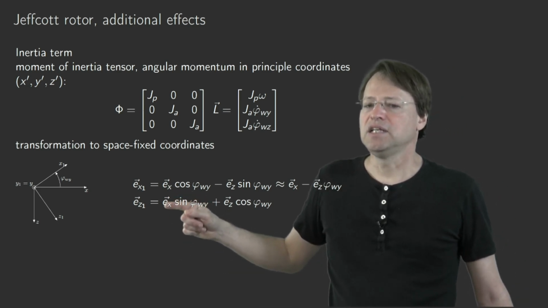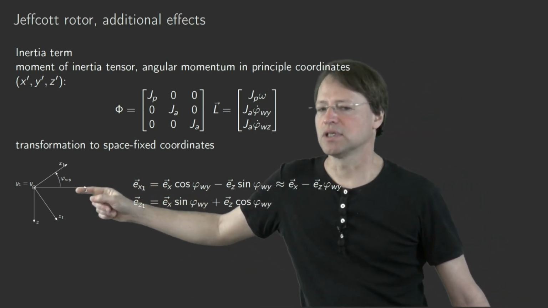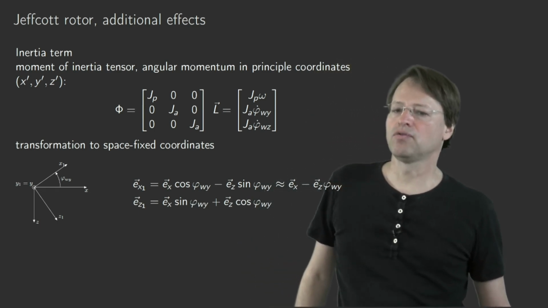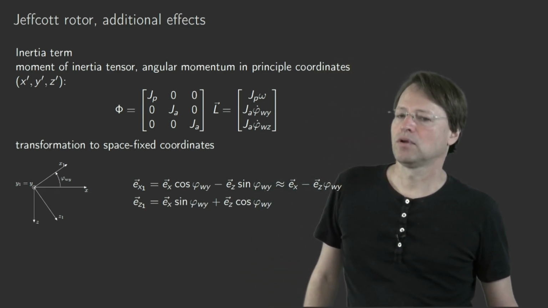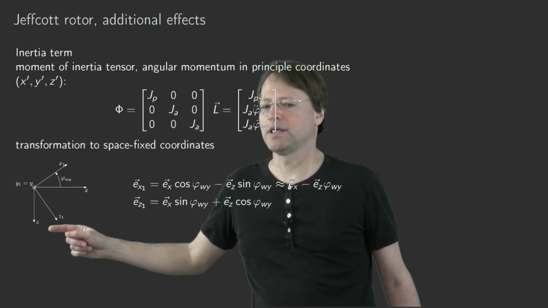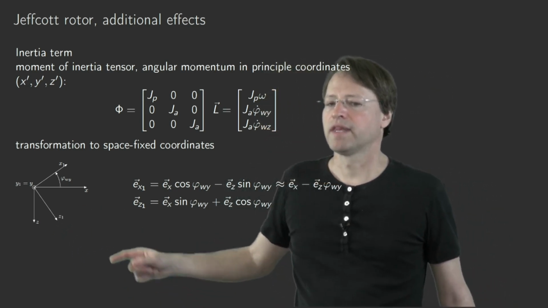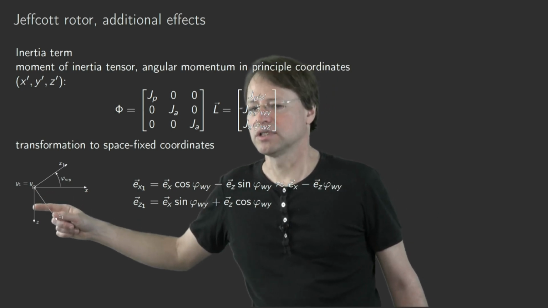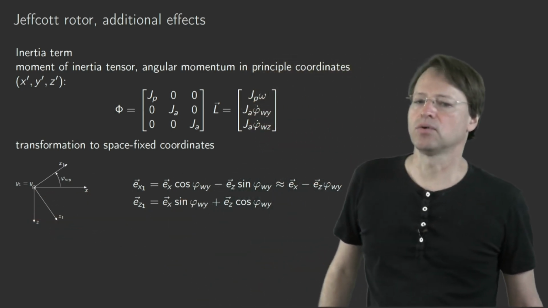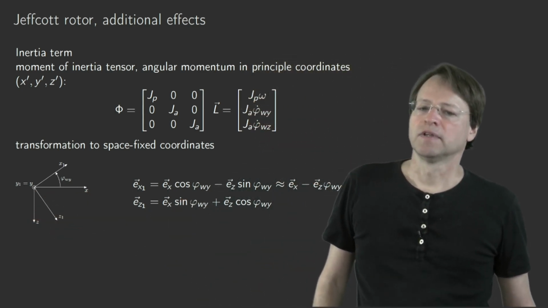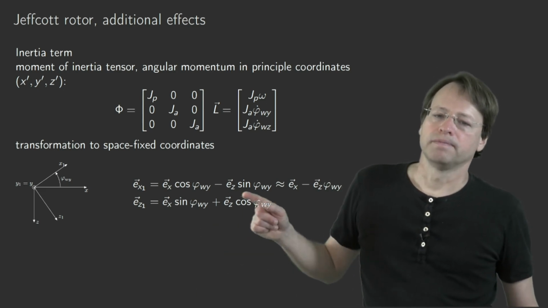And it's then E sub x times the sine of phi sub y in the x direction and Ez cosine of phi sub y.